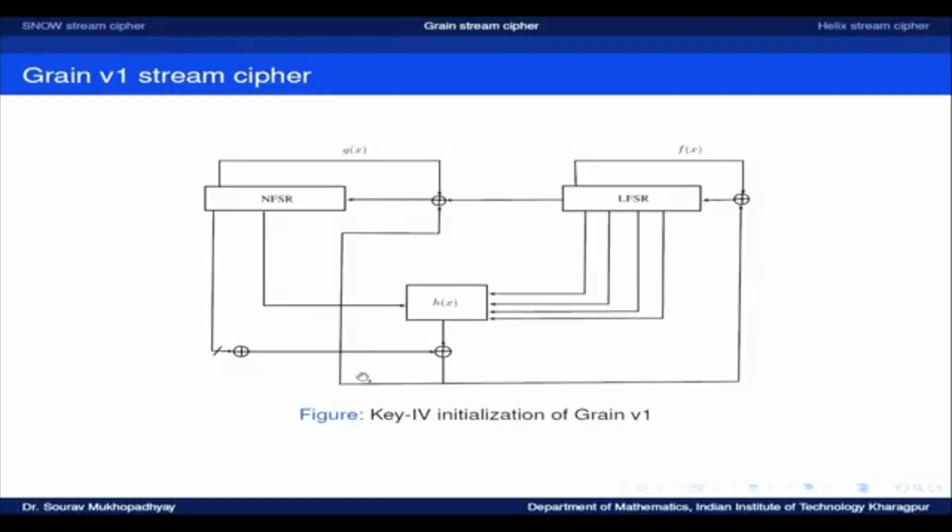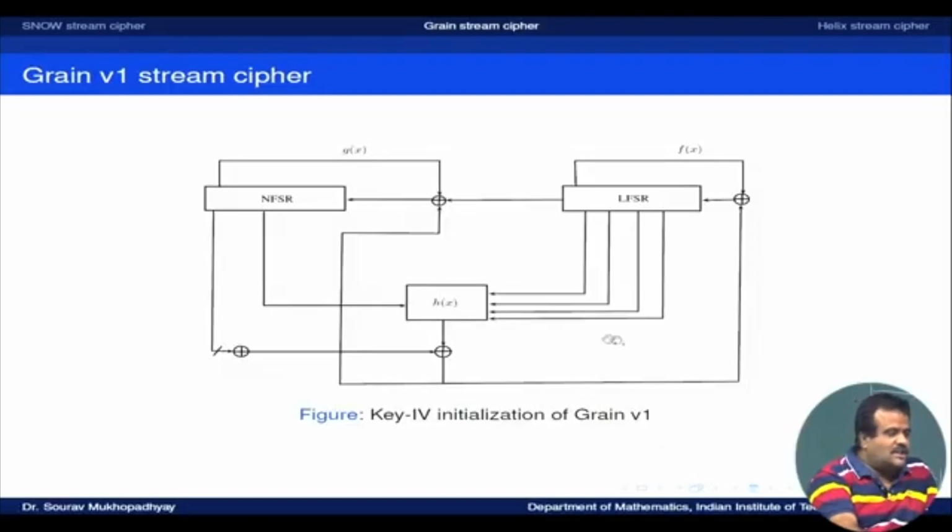So here also we have this key initialization phase. So we have this IV. Here the key shared between Alice and Bob is 80 bits. So we store this key into the NLFSR, because the NLFSR is also 80 bits, and the IV is 64 bits. The LFSR is also 80 bits, and for the remaining 16 bits we are just putting constant 1111, so 16 plus 64 bit IV makes 80 bits.